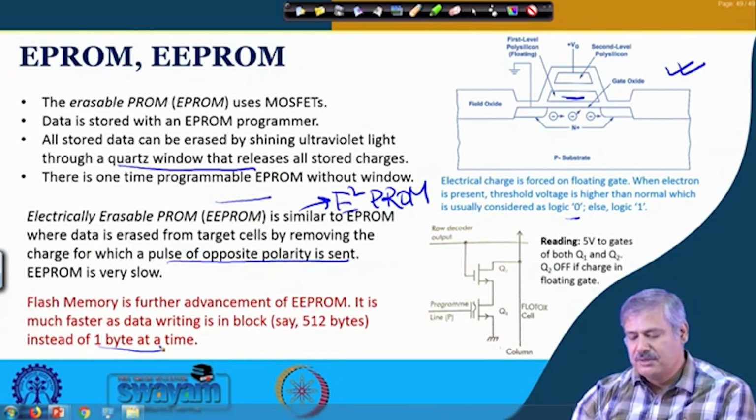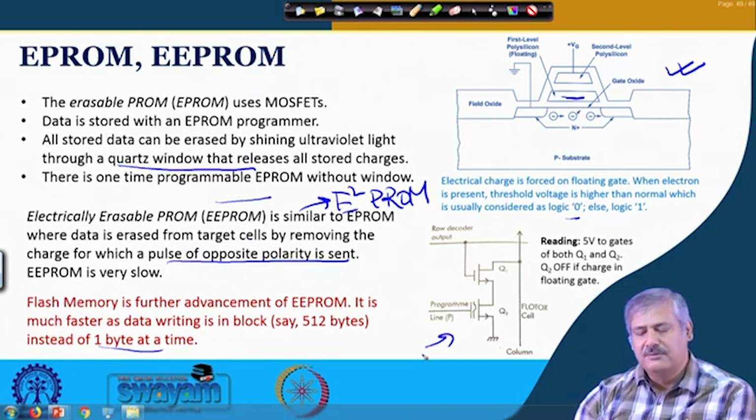So, here is just one memory cell example. During programming, as I said, the pulse is sent of relatively higher magnitude, and the charge is stored in the floating gate whenever we require it. During the reading process, both of them get 5 volt.